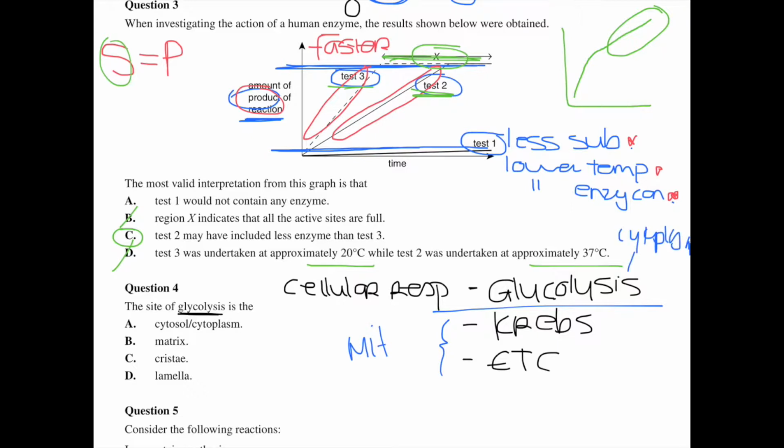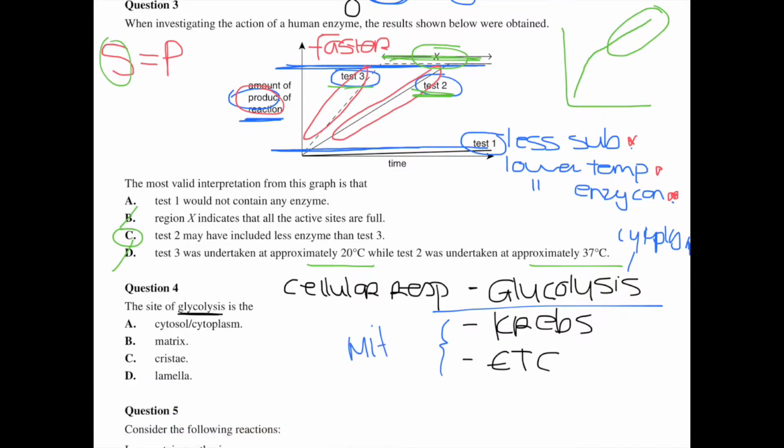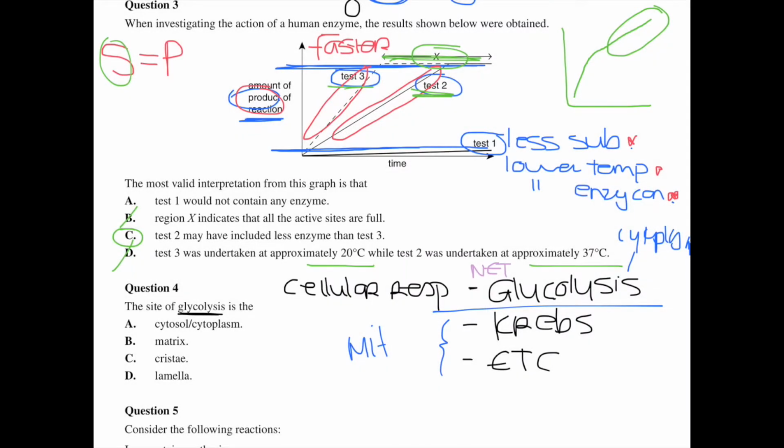The other thing that you should know is the amount of ATP that's created. So you should have a net 2 net ATP. I'm all over the place today. Remember, another 2 here and 32. So it's 2, 2, 32.